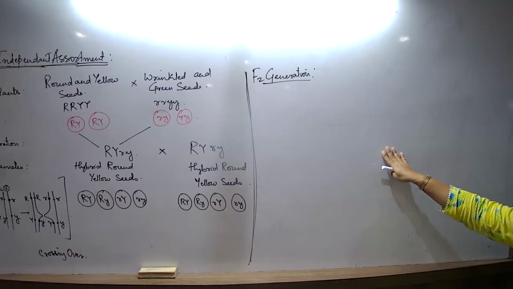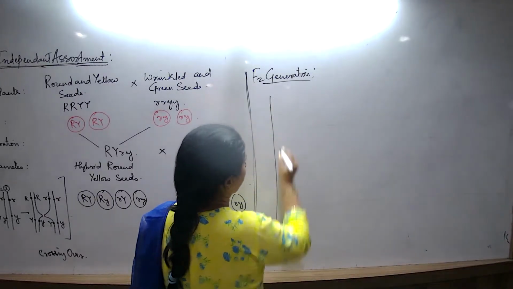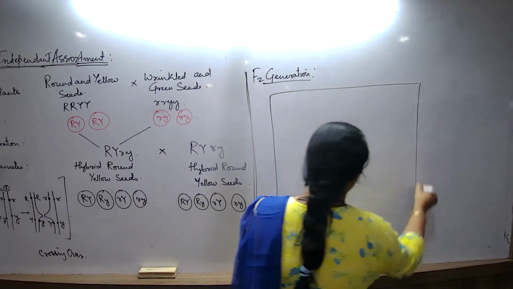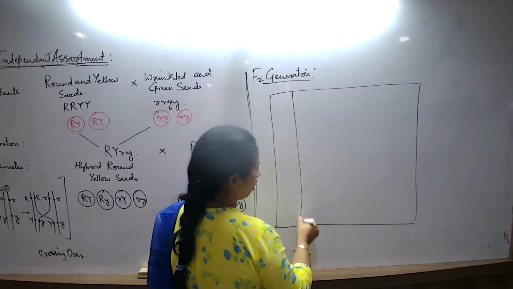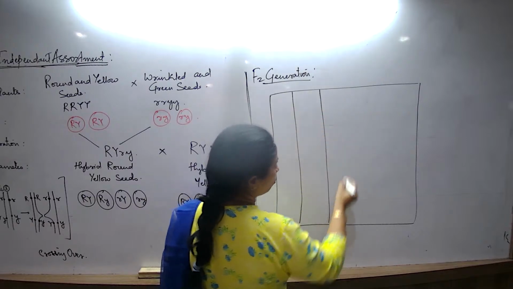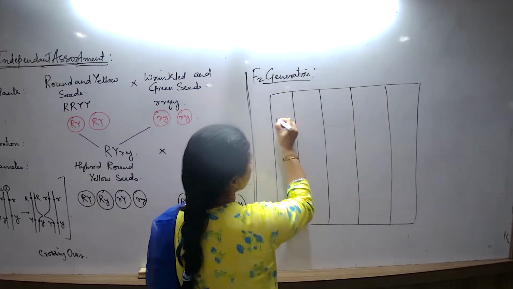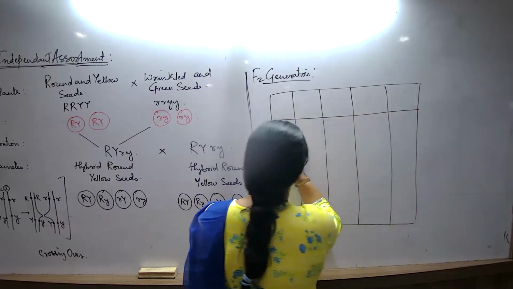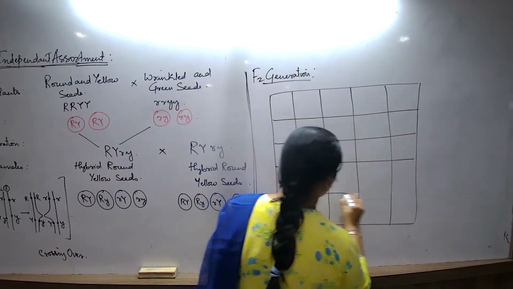The Punnett square that you make has to be a big one, not a microscopic one. Since your notebooks are ruled books, 1, 2, 3, 4 and 5.